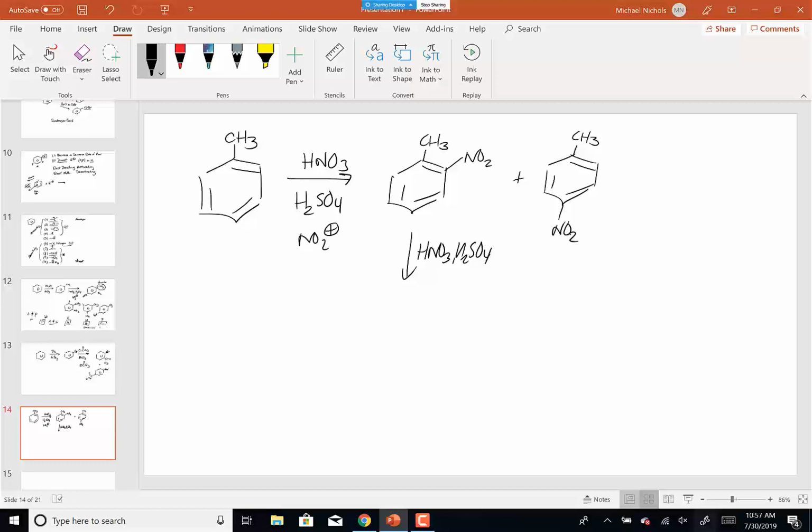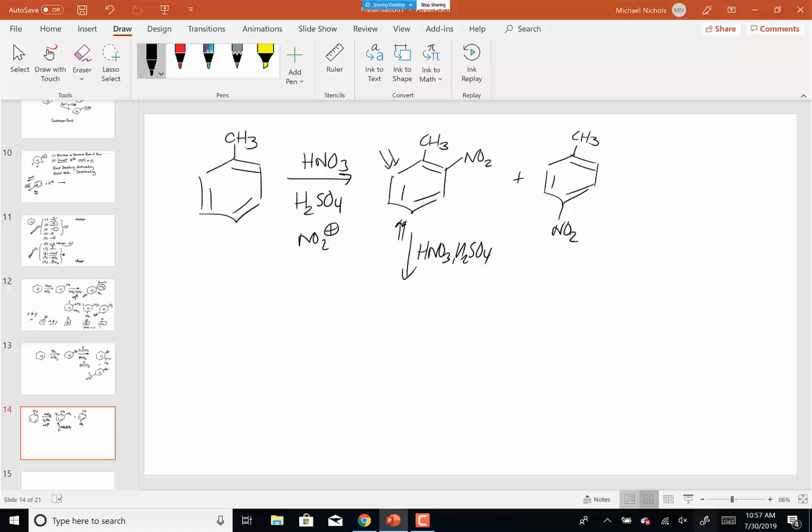The possibilities are that both of these groups direct to the same positions. And if that's the case, that's where the group's going to go. Okay? Is that the case for the ortho-nitro-toluene? Well, where's the methyl group directing? Ortho and para to itself. Where's the nitro group directing? Meta to itself. And meta to itself is the exact same two positions.